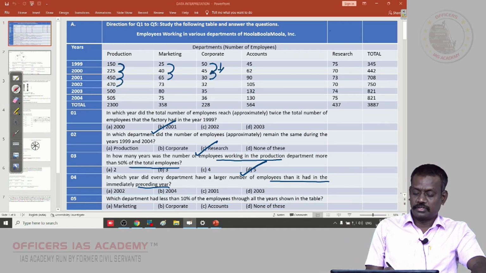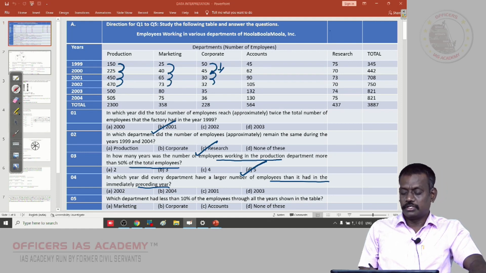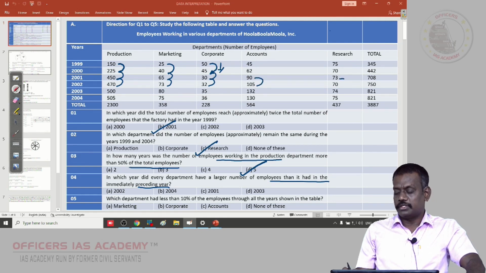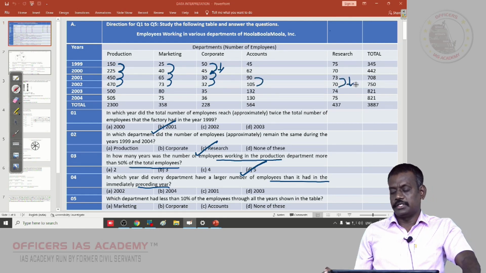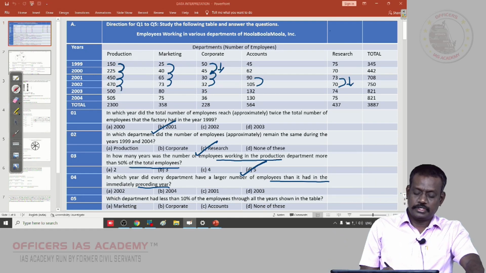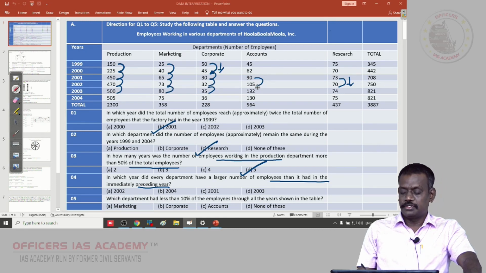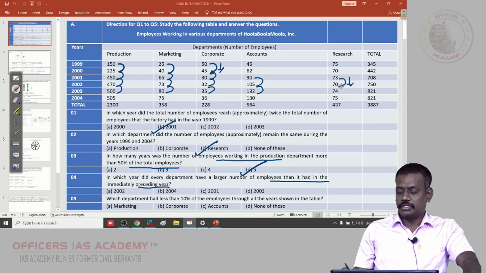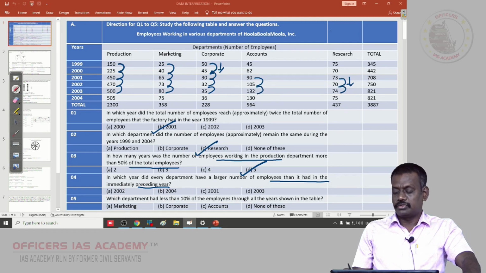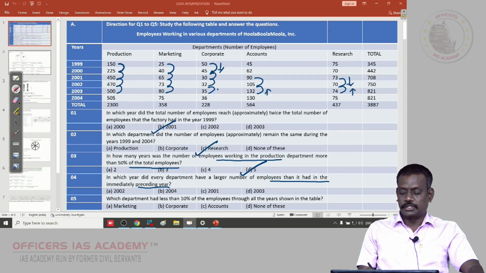Next, 450 to 470 it has increased, 65 to 73 it has increased, 30 to 32 it has increased, 90 to 105 it has increased, but 73 to 70 it has decreased. Okay. And next, 470 to 500 it has increased, 73 to 80 it has increased, 32 to 35 it has increased, 105 to 132 it has increased, 70 to 74 also increased. So in all the places it has increased.